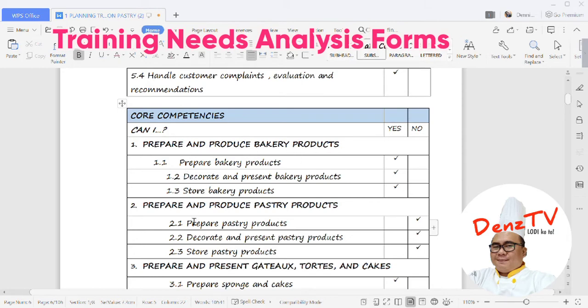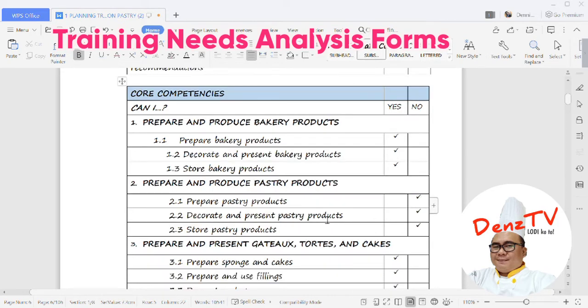Module number 2 is prepare and produce pastry products, and these are all the learning outcomes. We notice that learner number 1 left unit of competency number 2, which is prepare and produce pastry products. This is an indication that this particular unit of competency is his or her gap.